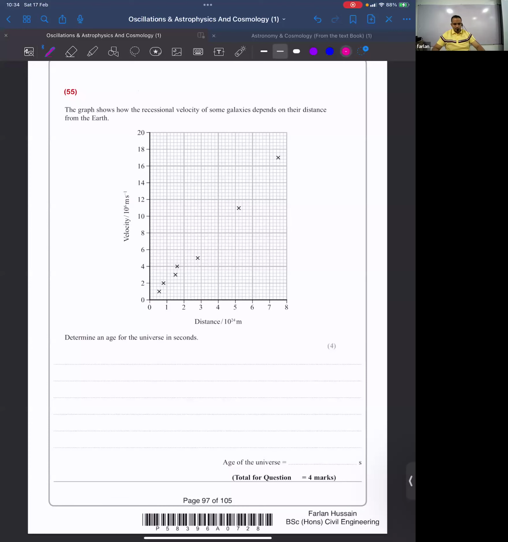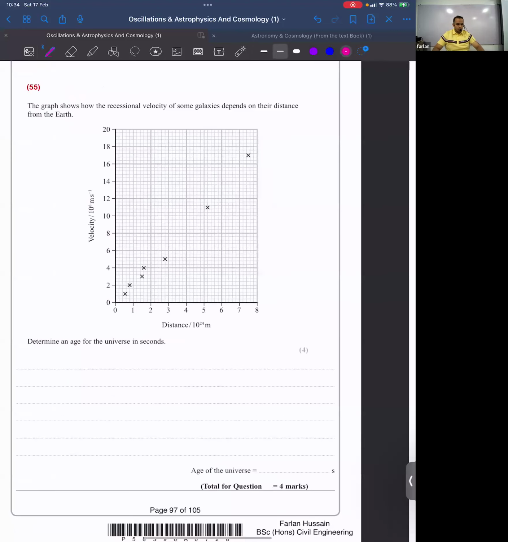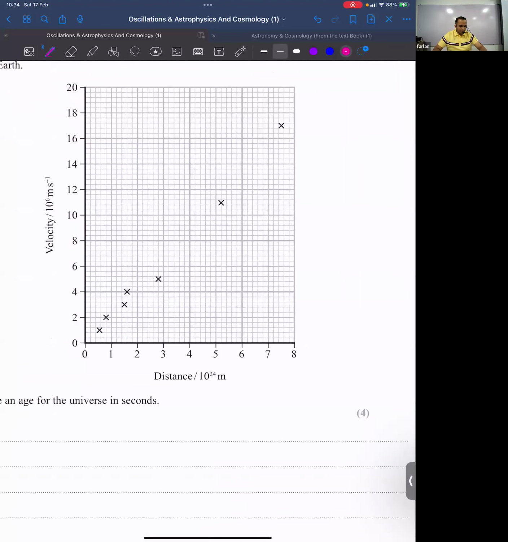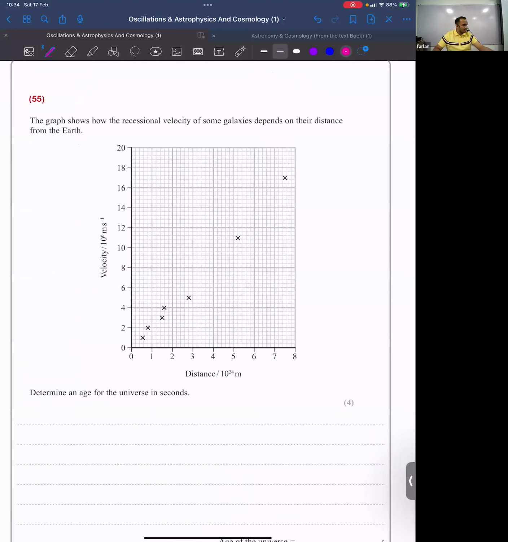Determine the age of the universe in seconds. So now they haven't given that H naught. Okay, Hubble's constant, but we know for the galaxies, if you sketch a graph of velocity versus distance, the gradient is what we call the Hubble's constant.